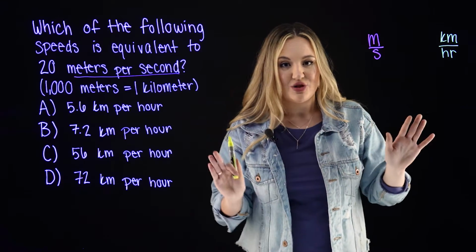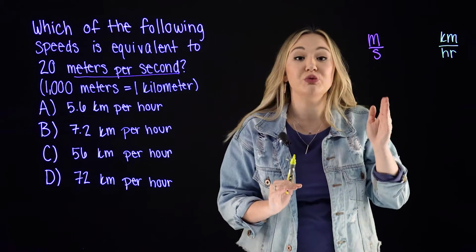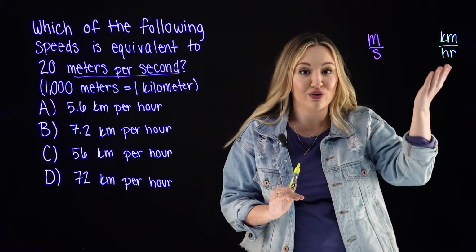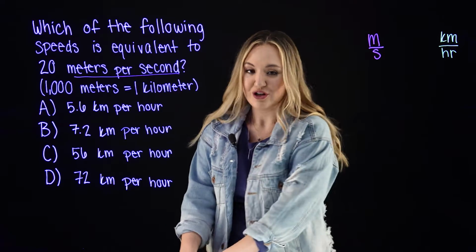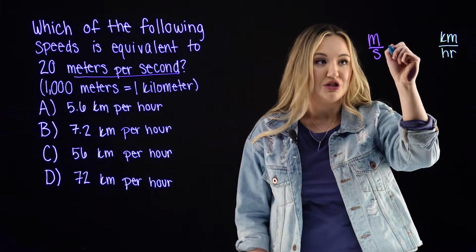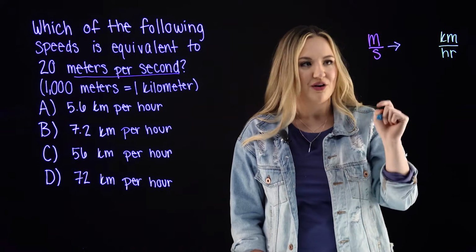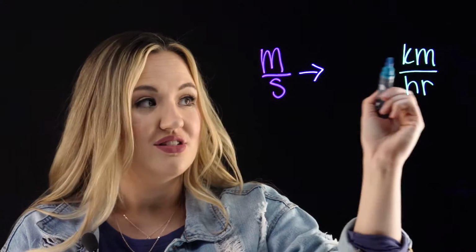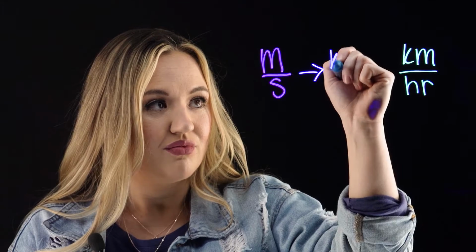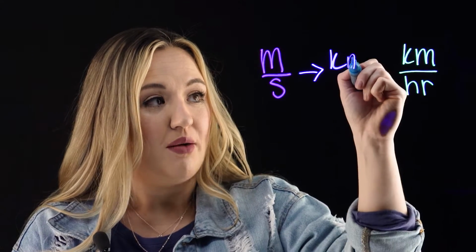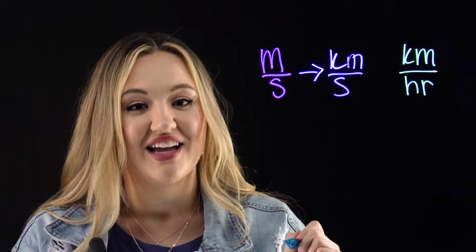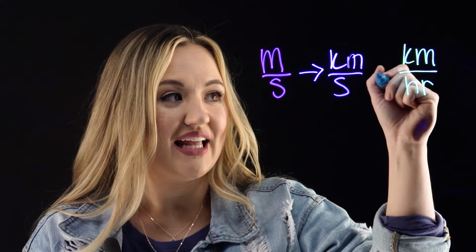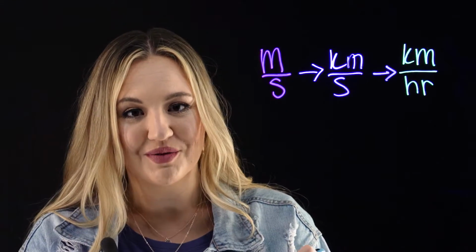So in these situations, you're going to want to do multiple conversions to get to your final units. The first conversion you're going to want to do is to convert the numerator. So to get from meters to kilometers, we're just going to do kilometers per second. And then you can go from kilometers per second to kilometers per hour.